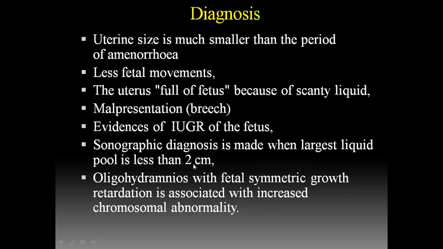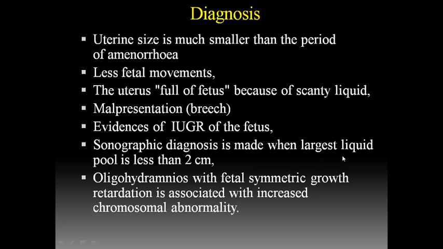Okay, when the liquid pool is less than 2 centimeters, then it is diagnosed that the mother is having oligohydramnios. Okay, the amniotic fluid index we need to take through the sonographic diagnosis. When we are identifying the amniotic fluid index, if we are getting less than 2 centimeters, then it is confirmed that the mother is having oligohydramnios.